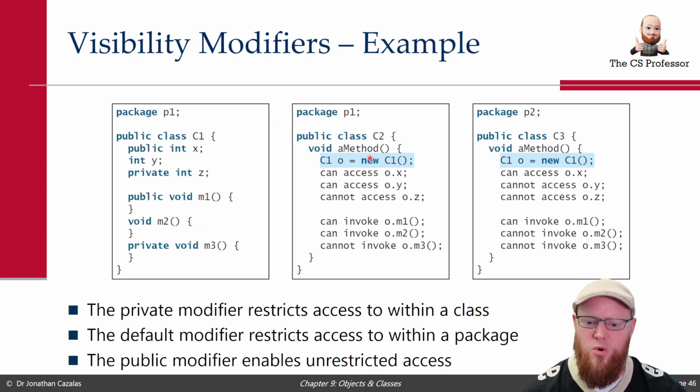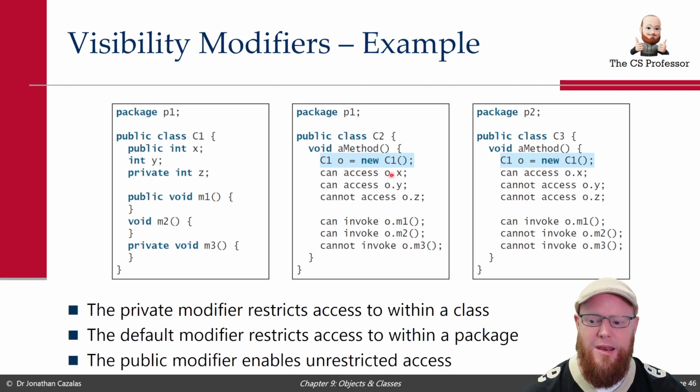We've made a new object of type C1, and we save its reference into this variable O. This slide is a nice example of letting you know: from inside this class C2, now that we've made this new object of type C1 from this C1 blueprint, what all can we access within that object?